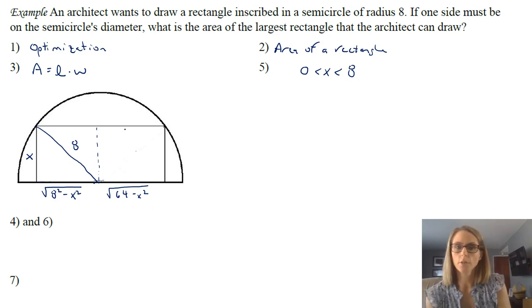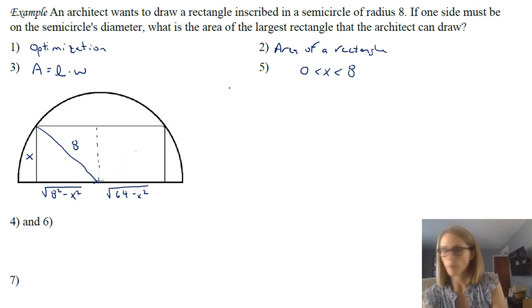So I'll actually do some of the work. I have 4 and 6 down here, but just due to space, let me bring them up here. So for our rectangle, we have area, which is going to be x times, and then I need to take this length plus this length and add them together, so I'll get 2 of them.